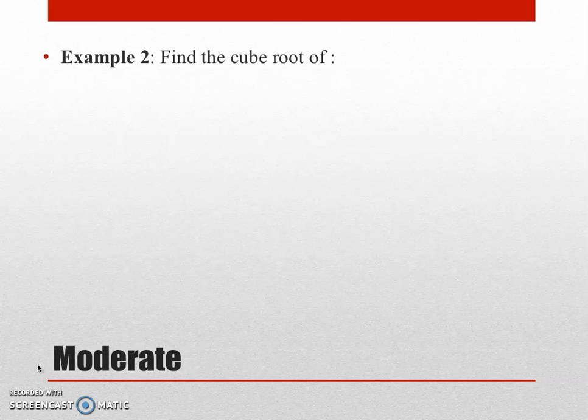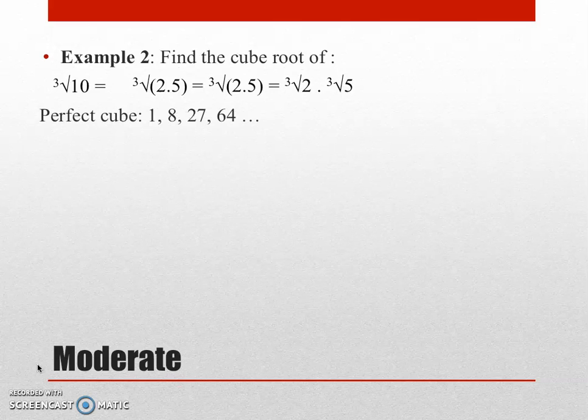Now let's look at an example where we're not dealing with a perfect cube. What is the cube root of 10? Again, we can just simplify this to the cube root of 2 times the cube root of 5, or we can have an estimate using the perfect cubes. 10 is between 8 and 27, so the cube root of 10 should be somewhere between 2 and 3.